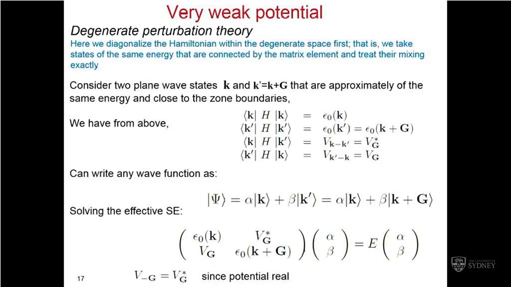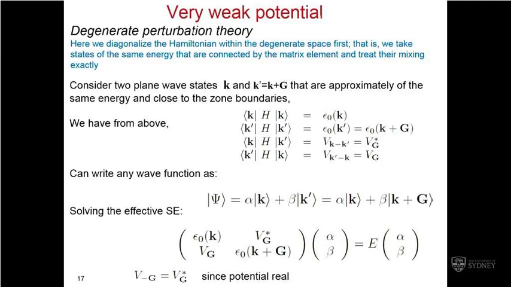We have the matrix elements, the scattering k to k dash, given by our potential here, and then this is the other part of the potential, scattering the other way. Now, we're going to write down the wave function at the zone boundary as psi equals alpha times the plane wave k, e to the i k dot x for one dimension, plus beta times k dash, again equal to k plus G, because we are only at the zone boundary.